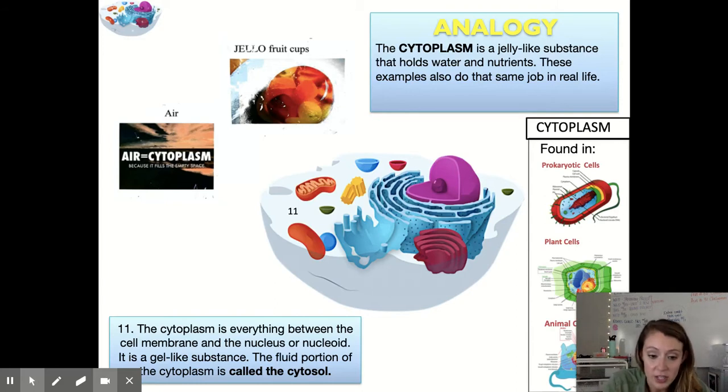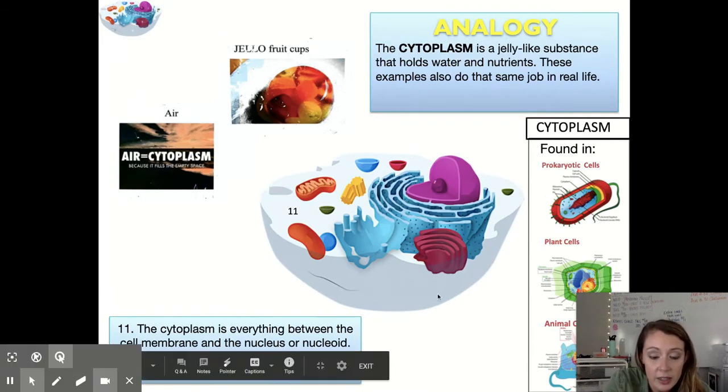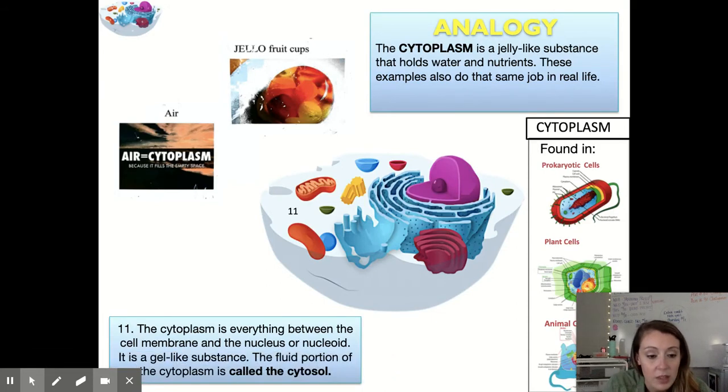Then our function. So down here at the bottom, let me make sure you can see everything. All right, it says the cytoplasm is everything between the cell membrane and the nucleus or nucleoid. It is a gel-like substance. The fluid portion of the cytoplasm is called cytosol.